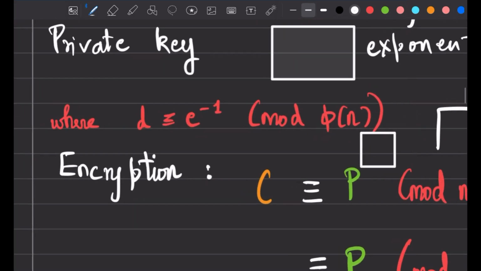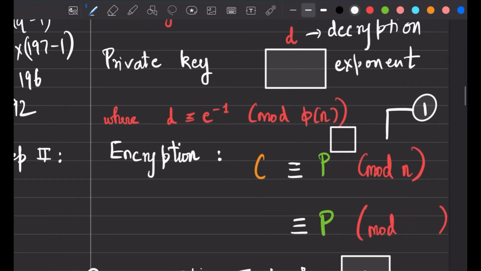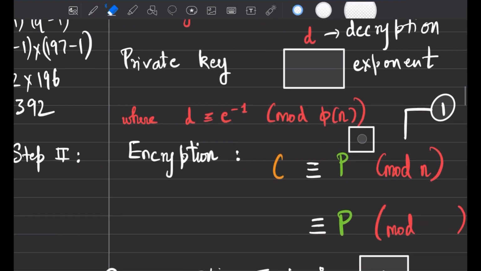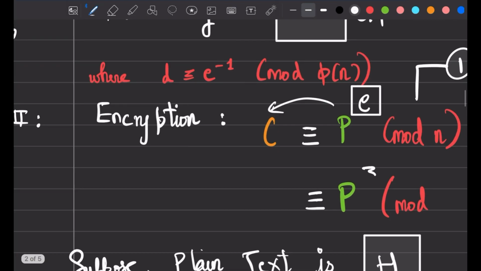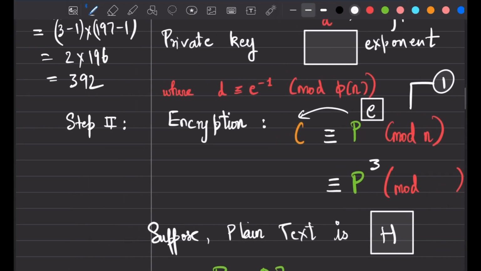What is the encryption process? Every plain text, when raised to the encryption exponent, gives you the ciphertext. In our case, the encryption exponent is 3, so I raise my plain text to the power of 3, modulo n, which is 591 in my case.